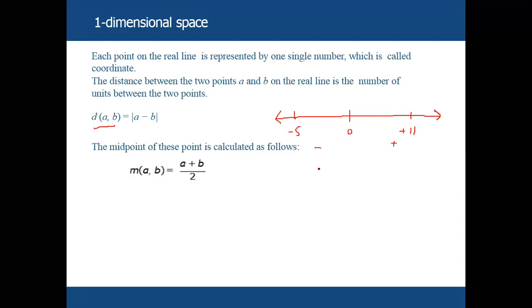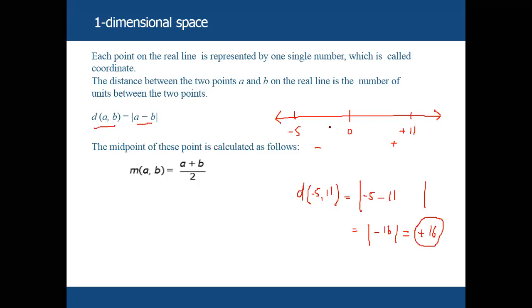We use the first formula: the absolute value of A minus B. The first number is A, -5, minus B, which is 11. So -5 minus 11 is -16. The absolute value of -16 equals +16, because this is distance and distance is always positive. So the distance between -5 and 11 is 16.